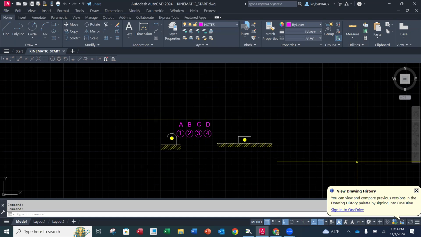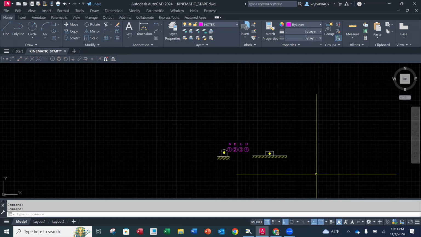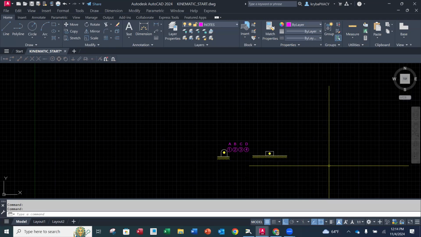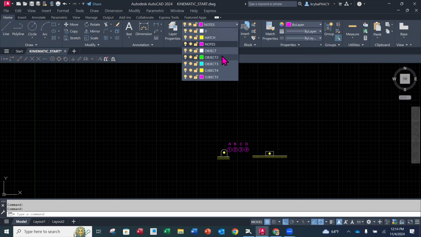Okay. Now I'm in my start file right now. And I'm noticing that I have 100 inches, 150. So these are going to be pretty big. We'll worry about scaling up in a little bit. But what I did do in my start file is I did add some extra object lines.